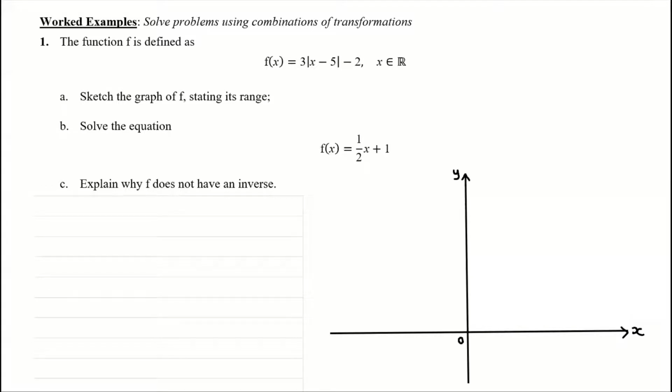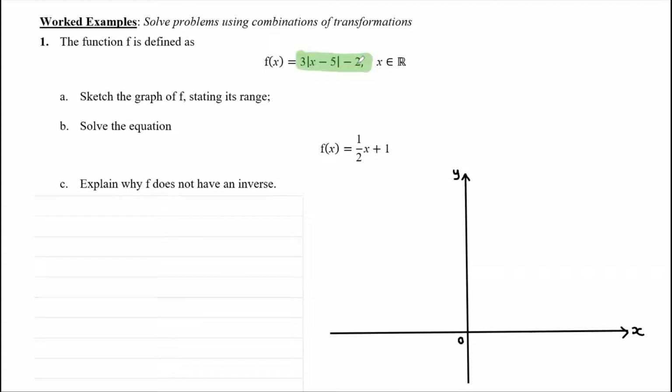Okay, let's have a look at the worked examples. We're going to apply our knowledge of modulus functions and transformations of the modulus functions to solve some problems. In this instance, we've got a function f, defined as shown, where several transformations are applied to a parent function, maybe the modulus of x, and we've got to sketch this and state its range.